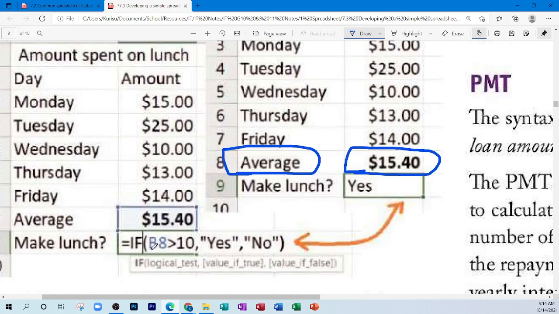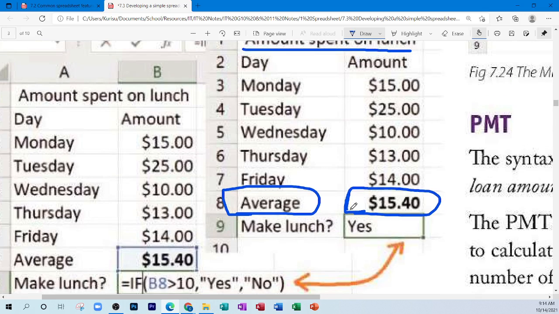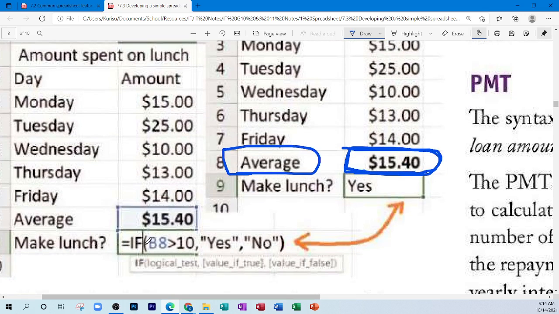Now, they're using an if function to test to see whether they should make their own lunch or not. They want to know, am I spending too much money on lunch? So they are running a test based on the average, B8. So they're using the average here. They're asking, is B8 greater than 10?